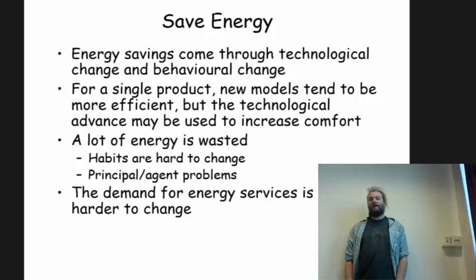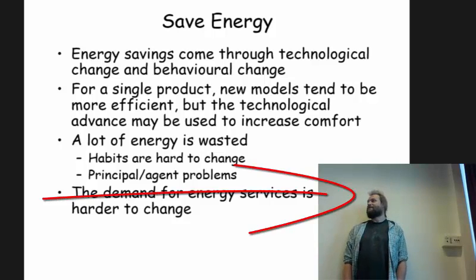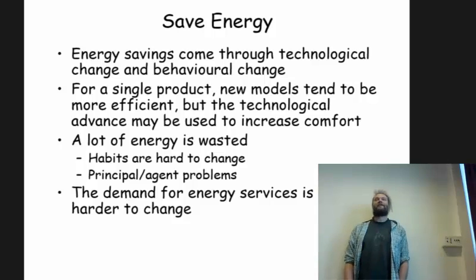The third way of saving energy, the first way is technological change, the second is behavioral change, the third way is to simply reduce the demand for electricity. So instead of taking a holiday in Thailand, you should go to the south of England instead. It's very lovely. It comes recommended.